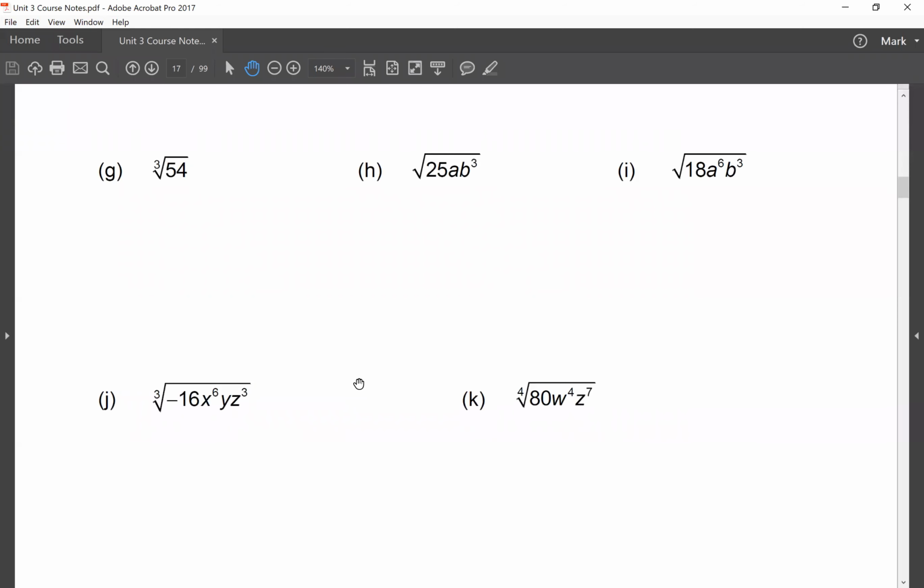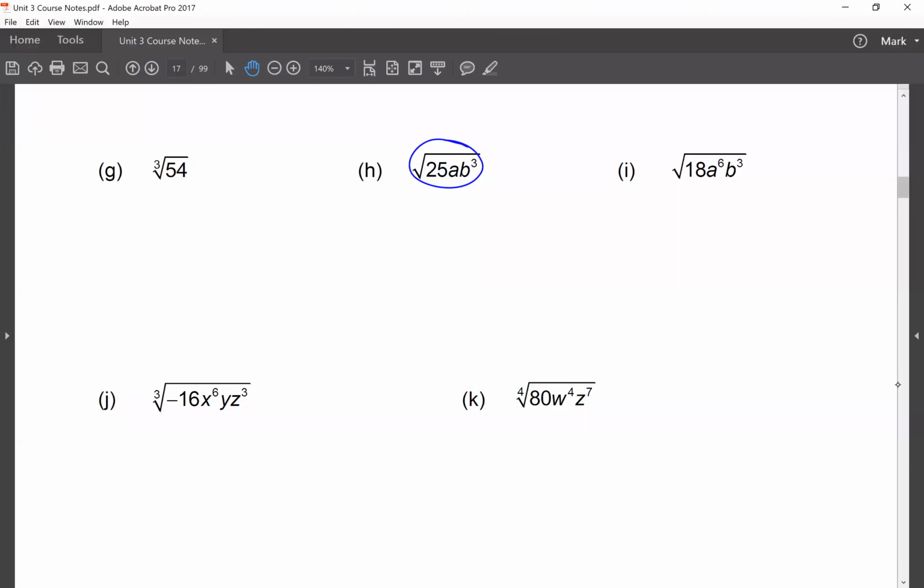Okay, so for something like H, we're taking the square root of 25AB cubed. So basically, what the square root sign means is, well, there's a couple things. One, it is just a button on your calculator. So something like the square root of 25 is actually quite easy to do on your calculator.